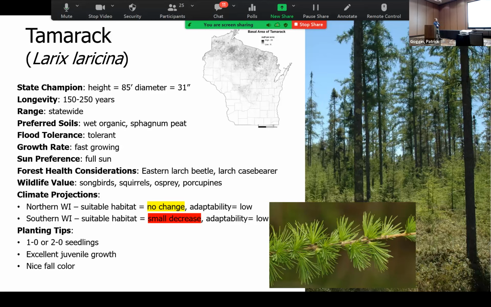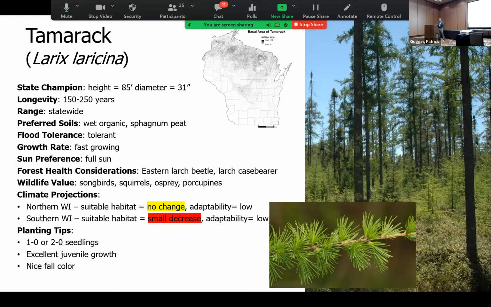And then something folks are often curious about is how this species is projected to do in a changing climate. For that, we look to a Forest Service tool called the Tree Atlas. The Tree Atlas develops projections on suitable habitat for tree species based on different climate models. We're going to talk about that a little with each of these species. And then some planting tips.